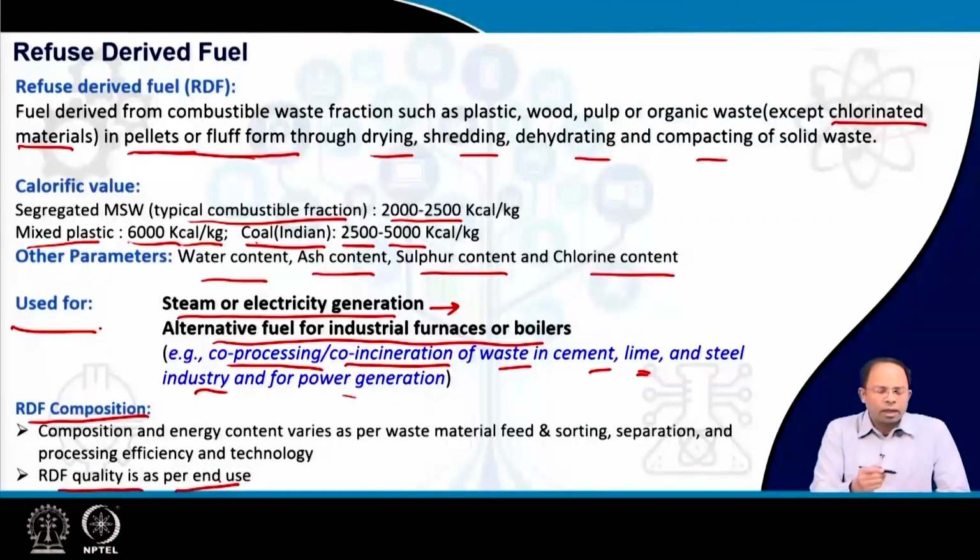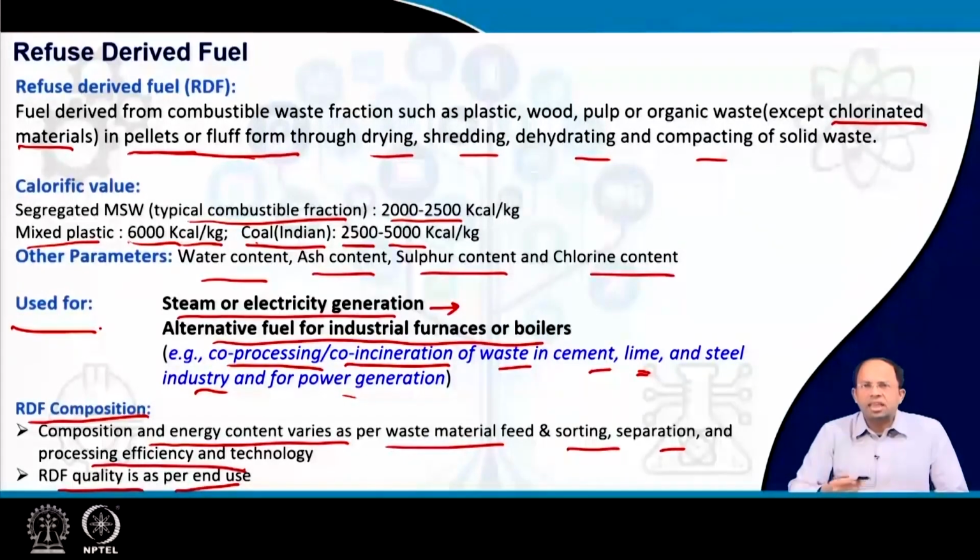Now, composition and energy content of waste material varies, that we know, and we have to sort, separate and process this waste material in such a way that we arrive at a feedstock content which will result in the kind of RDF that we want to generate.